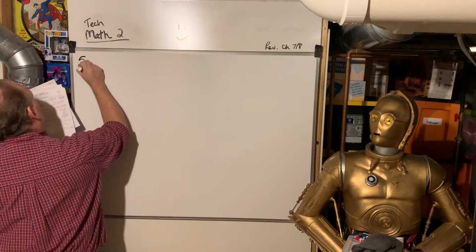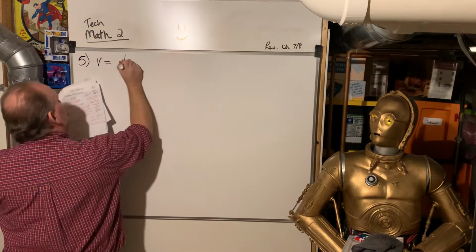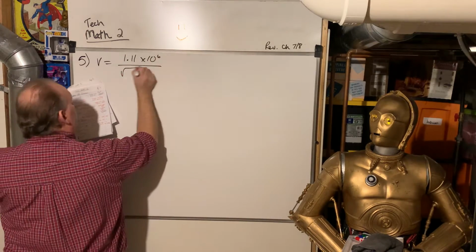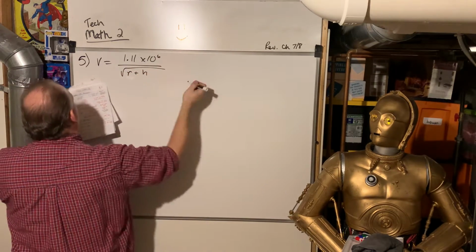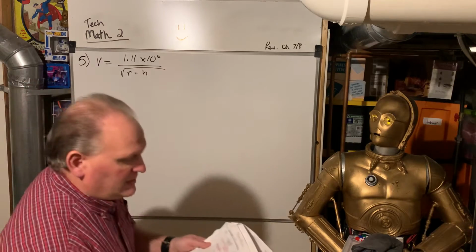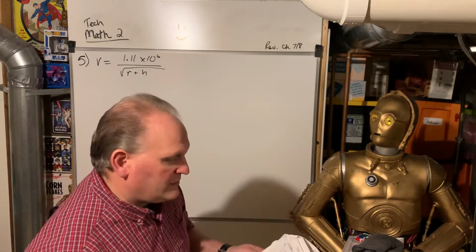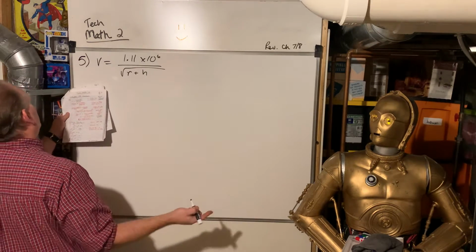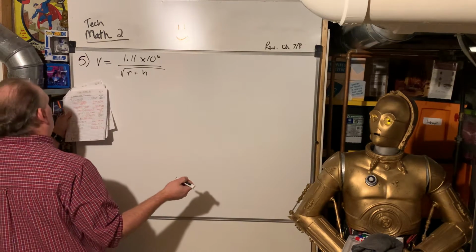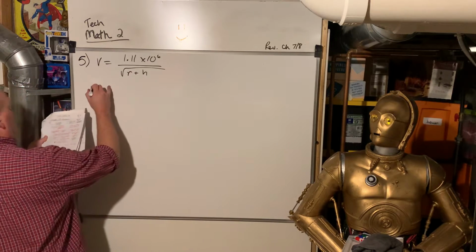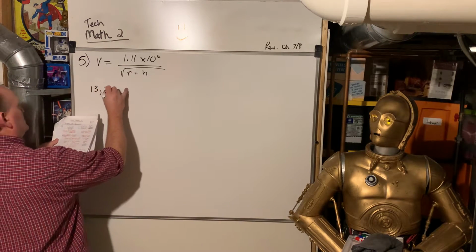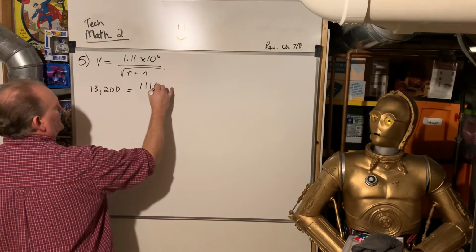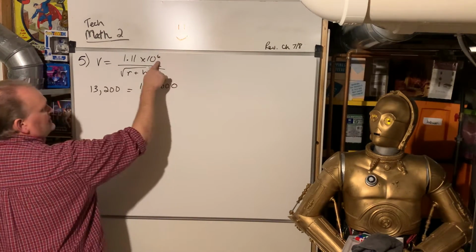Number 5. These are really the same problems. It's just they're giving you an equation and then they're giving you pieces of the equation. So they tell you V is 13,200, R is 3,960, and go ahead and find H. So we say, okay, 13,200 for V. I'm going to write that out. 1, 1, 1, 2, 3, 4 zeros because it's times 10 to the 6.